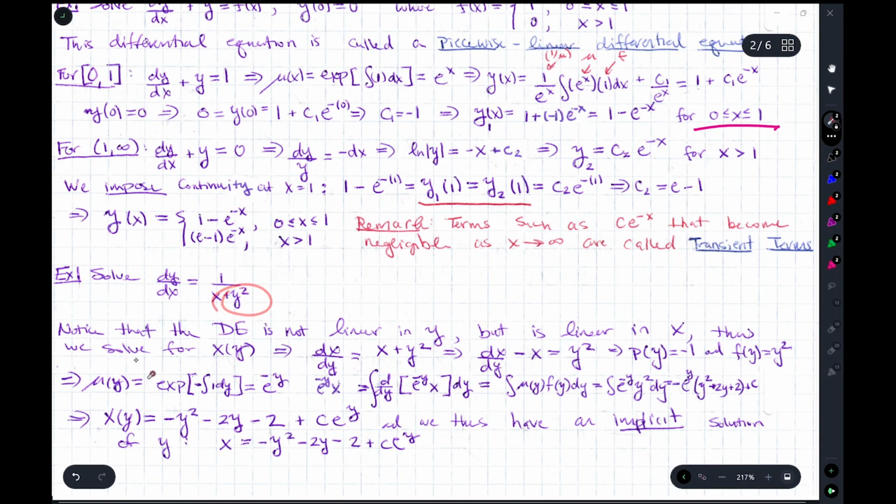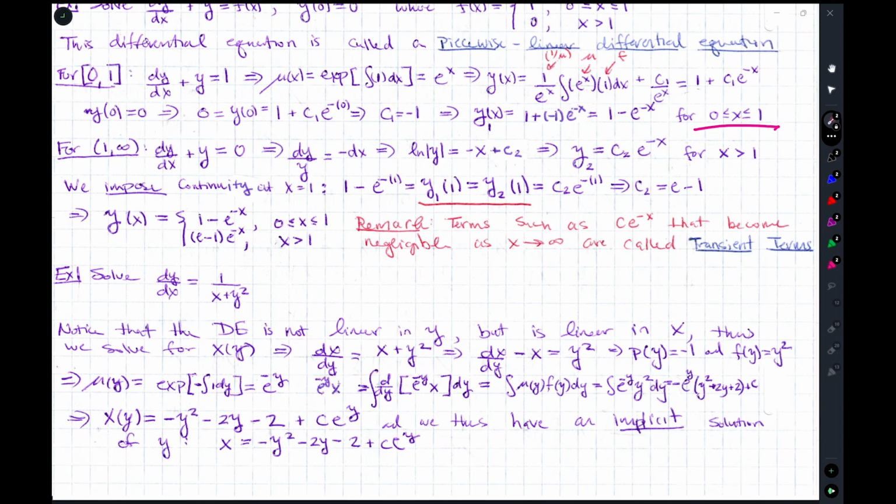And in fact, we could rewrite this equation in terms of dx over dy. So it's not linear in y, but it is linear in x, okay? So if we take the reciprocal of both sides, we get this expression here.